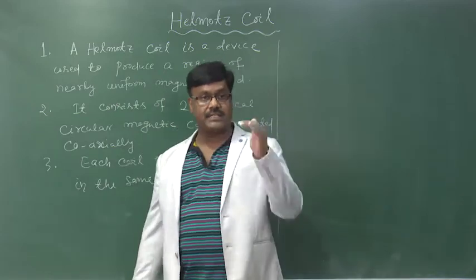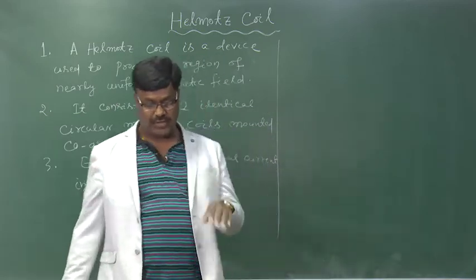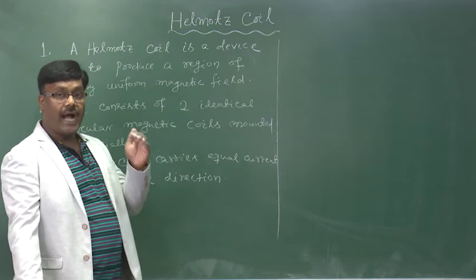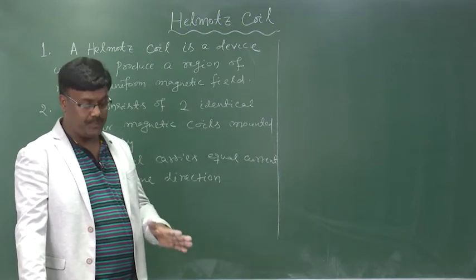The distance of separation between the two coils is equal to half the radius of each coil.